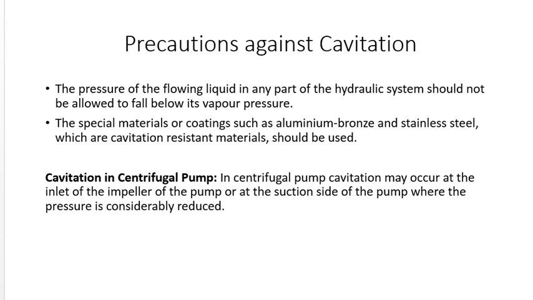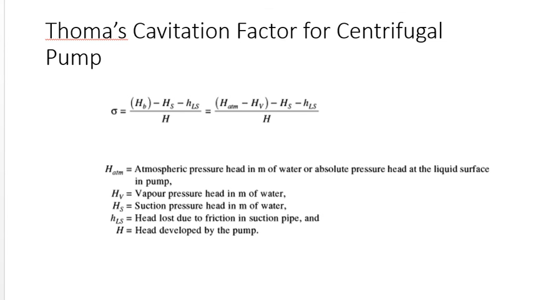we calculate the critical Thoma cavitation factor. And what is the Thoma cavitation factor? Thoma cavitation factor is (HB minus HS minus HLS) upon H. We can write HB as H atmospheric minus HV, that is vapor pressure. HATM is atmospheric pressure head. HV is vapor pressure head in meter of water.